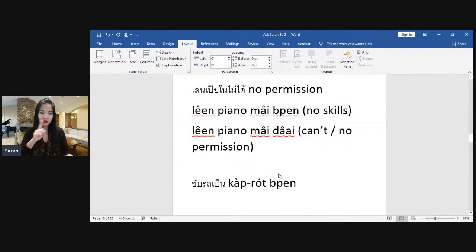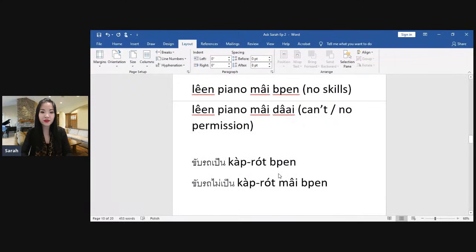In English, when I say I don't drive or I cannot drive, it could mean you don't have permission to drive or you don't have the skills, right? But when I say ขับรถไม่เป็น, it means I don't have the skill to do it. But if I say ขับรถไม่ได้, it could mean I don't know how to drive or I just don't have a car, so I cannot drive.